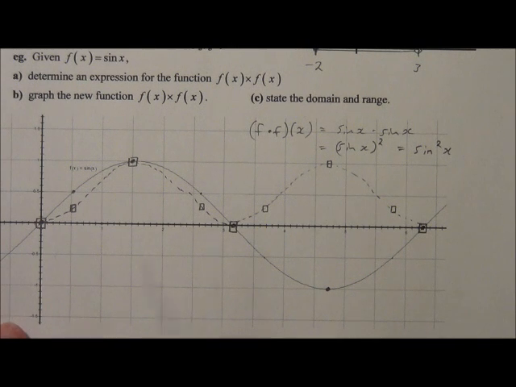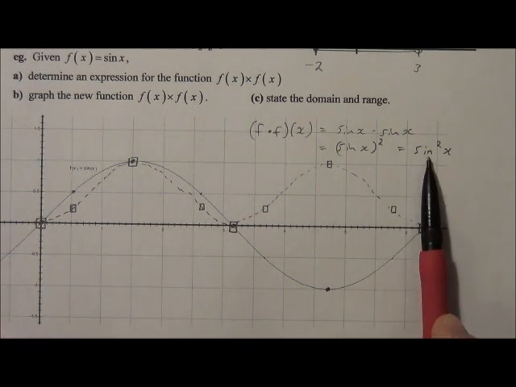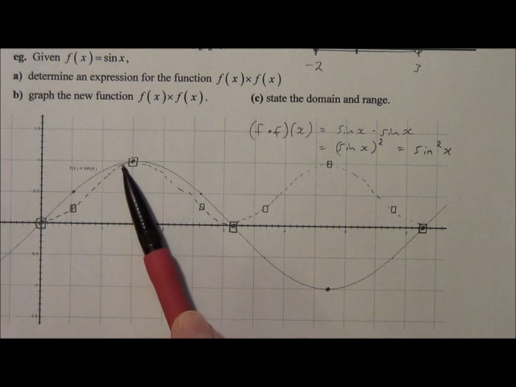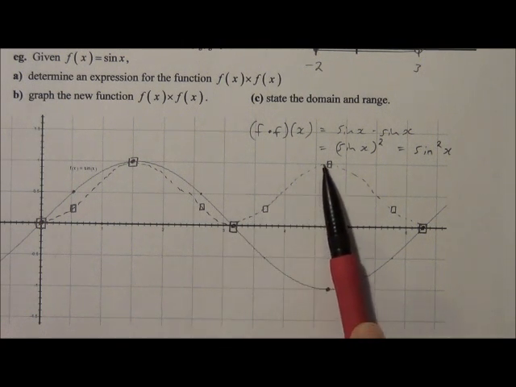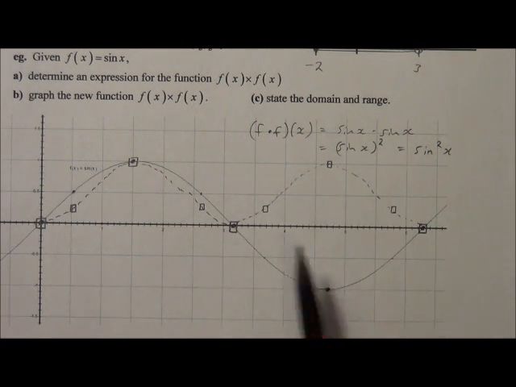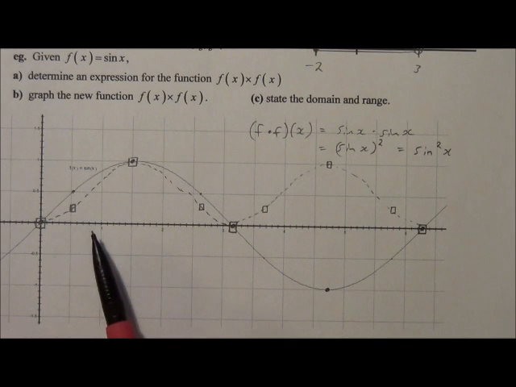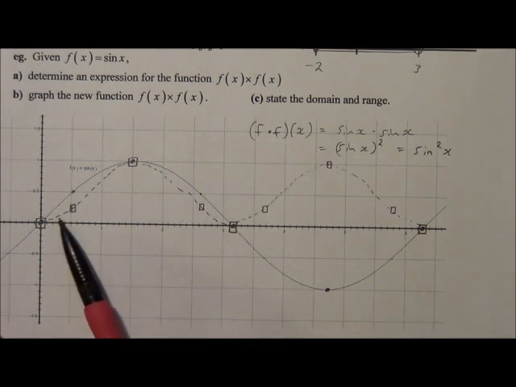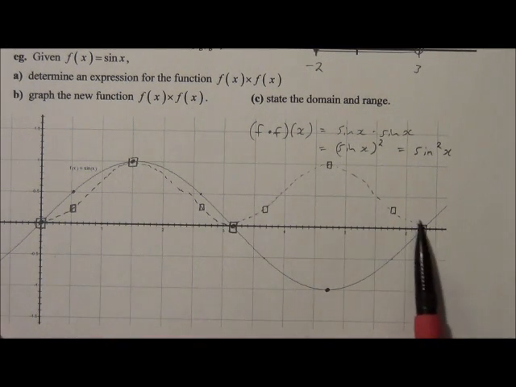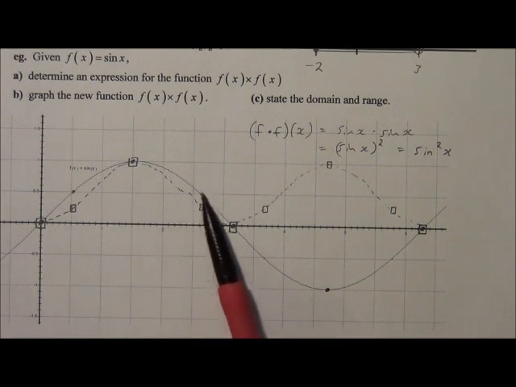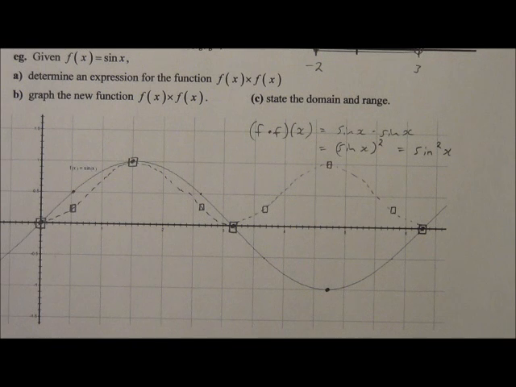Okay, so the new graph of sine squared x is going to remain positive, and it'll be basically a compressed graph with two wavelengths where sine x would have one wavelength. Okay, so that is part B, the graph.